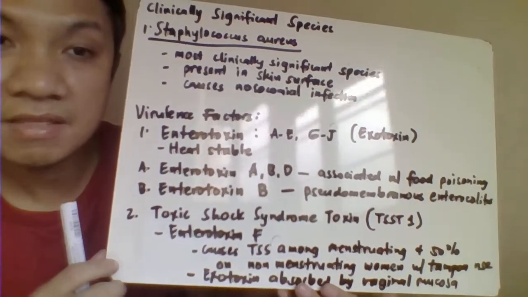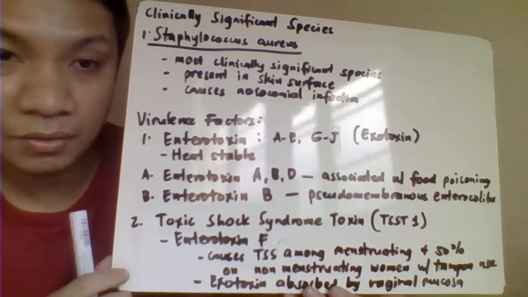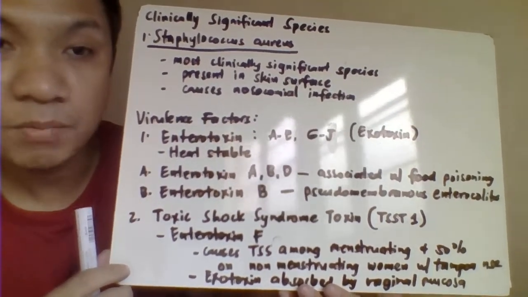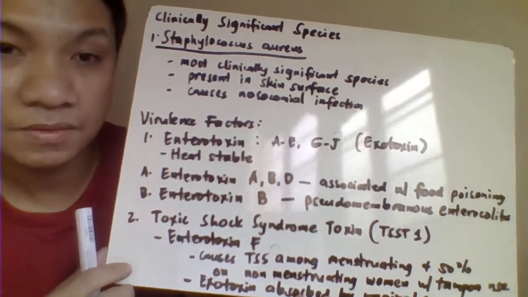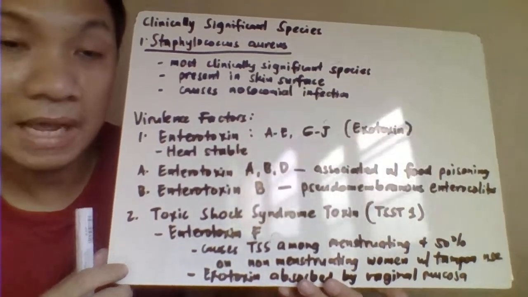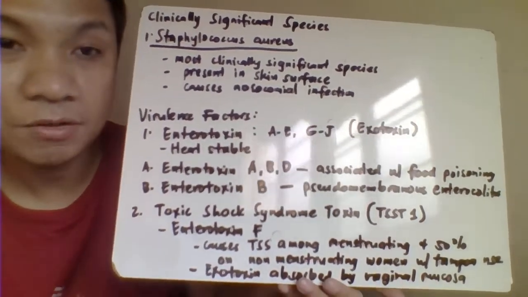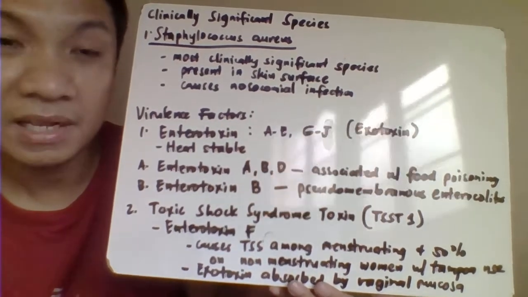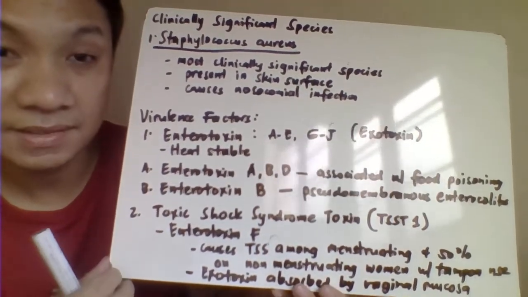We have here the different virulence factors produced by Staphylococcus. Virulence factors render Staphylococcus pathogenic, giving it the ability to cause disease.